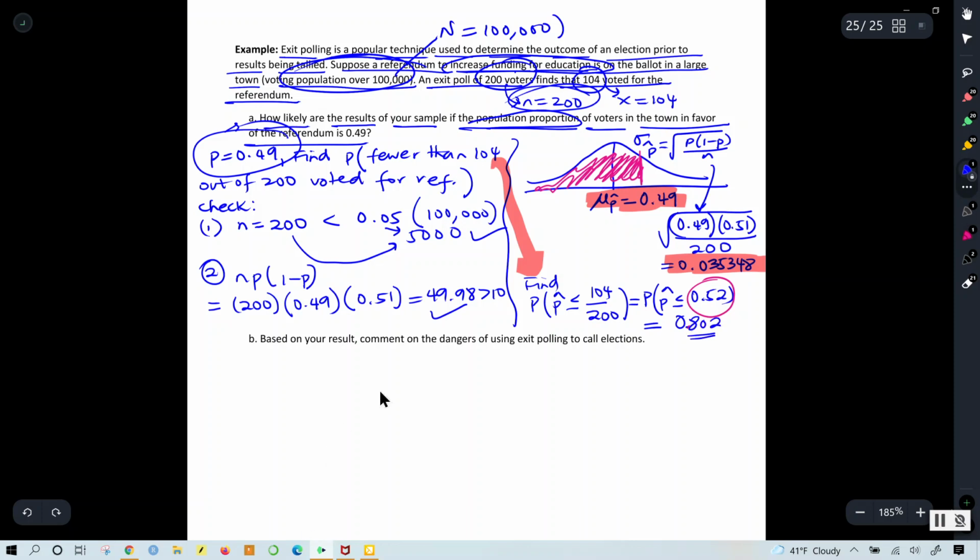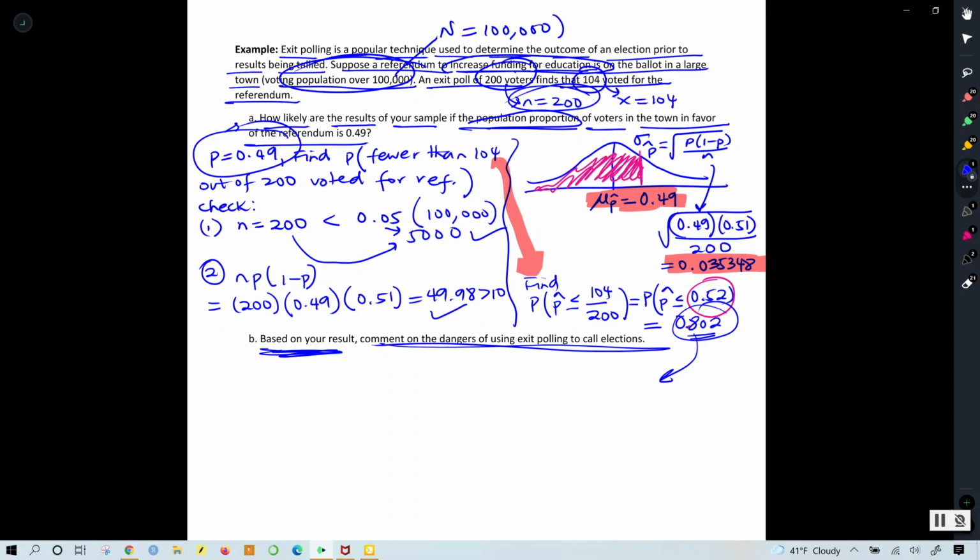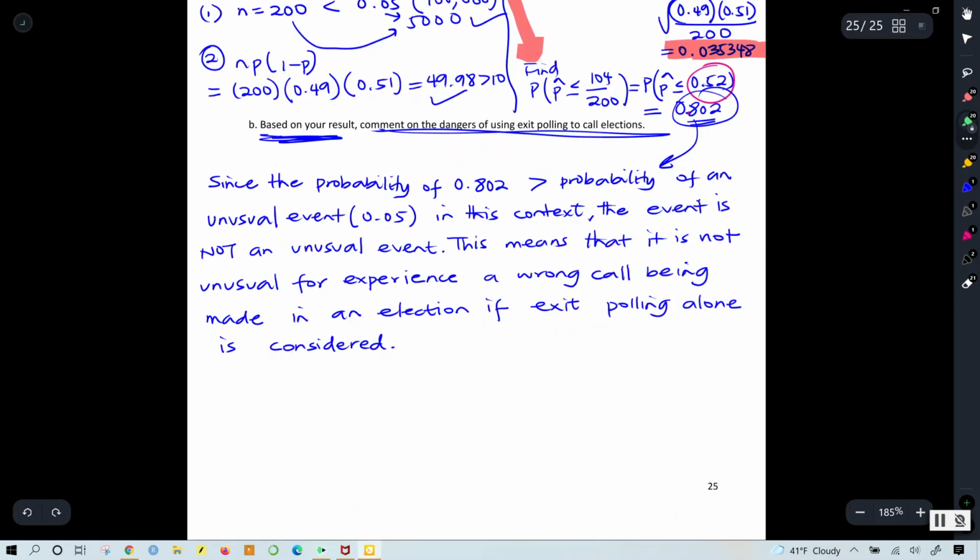At this point, one thing we immediately observe, based on this result, is that we can comment on the dangers of using only exit polling to call elections. This is a statement to note. The comment here is as follows. Since the probability of 0.802 is greater than the probability of an unusual event, which is 5% in this context, the event is not considered an unusual event.